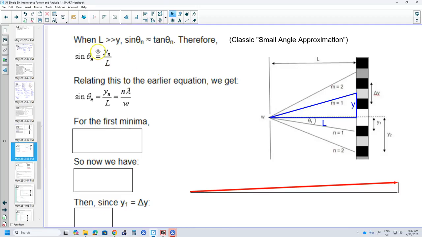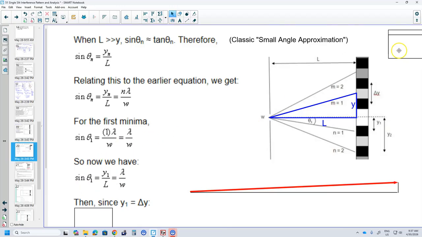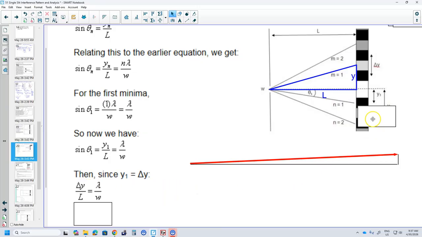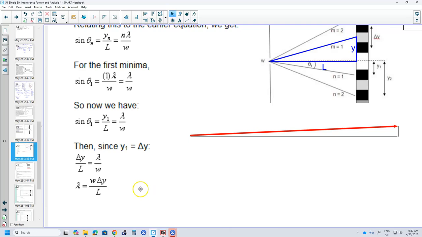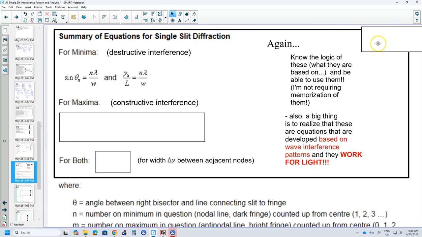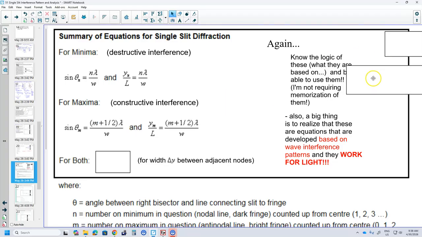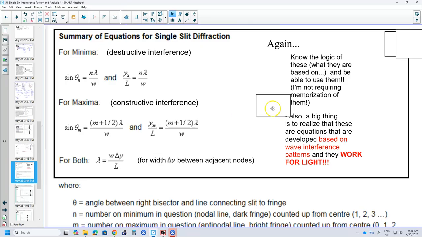But anyways, sine of theta is that, and based on the other equations we have, previous results and so on, right? I'm just showing you the progression of the equations. You end up with this, okay? So for minima, for dark, and for maxima, and again, single slit interference patterns, okay?